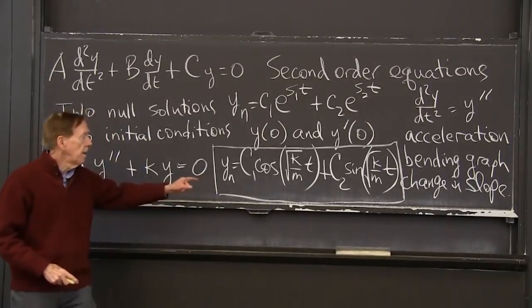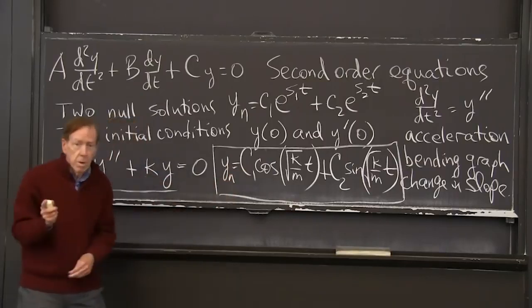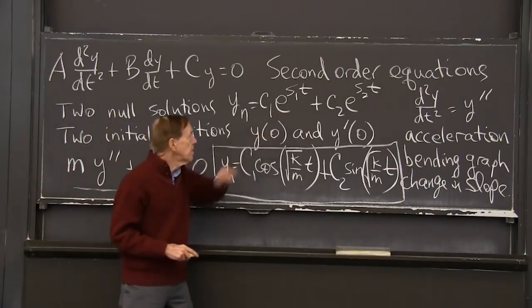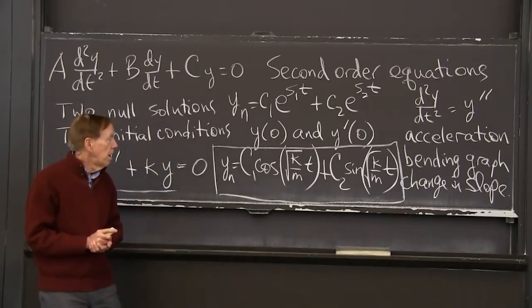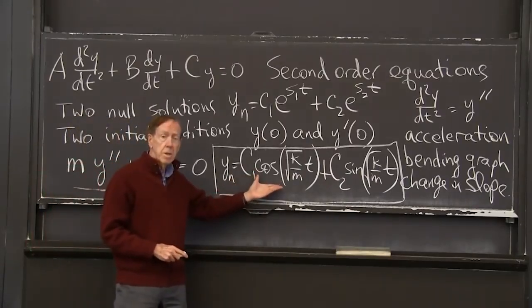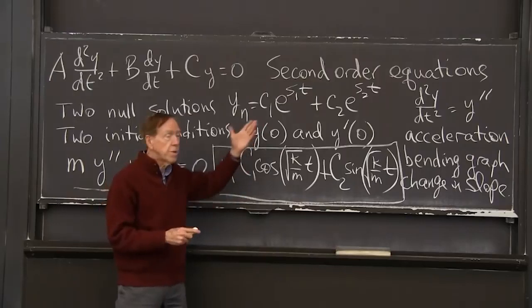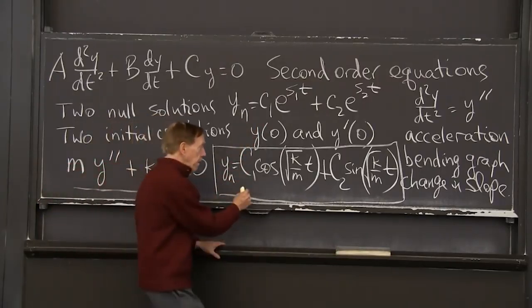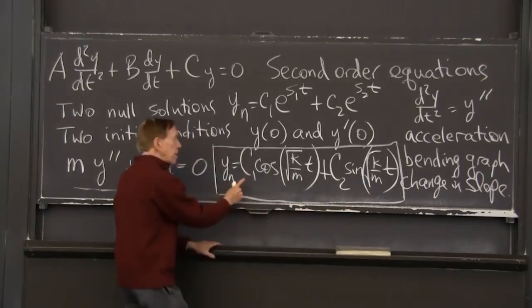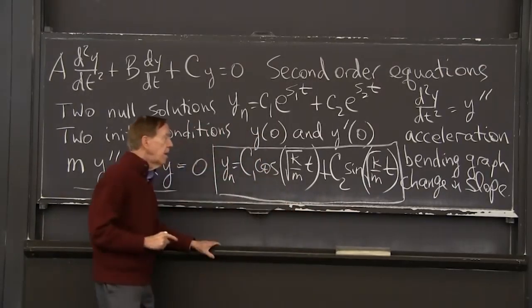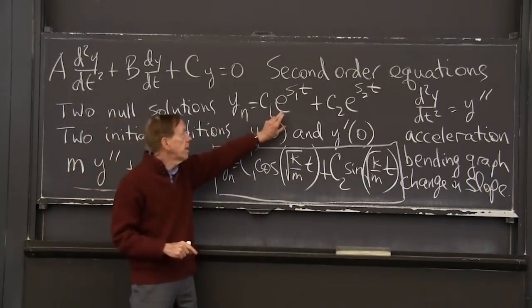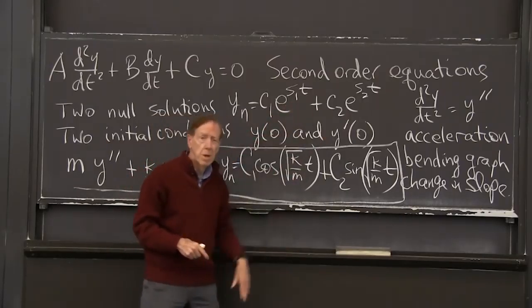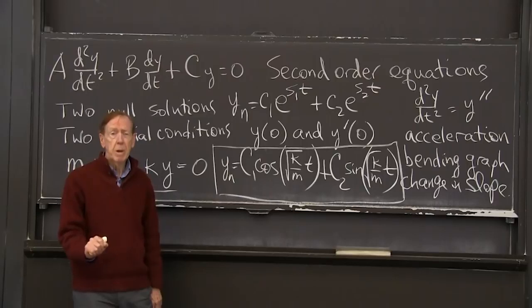So, and notice, these are not the same as those. Cosines are related to exponentials, but not identical. So I could write the answer this way using cosine and sine, or as you'll see, I can write the same formula using complex exponentials.